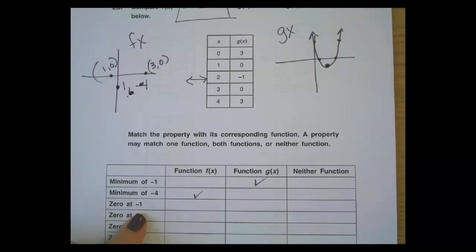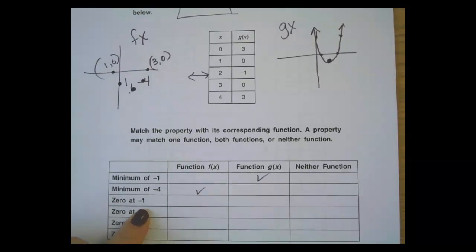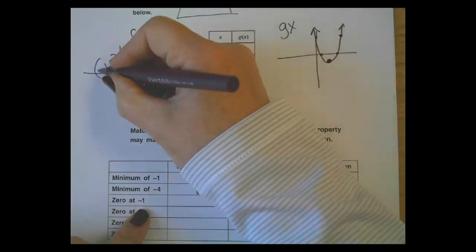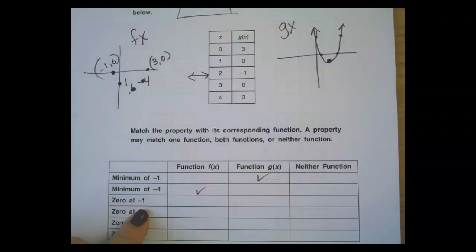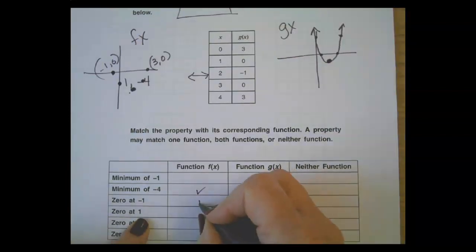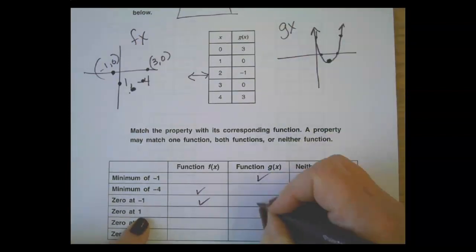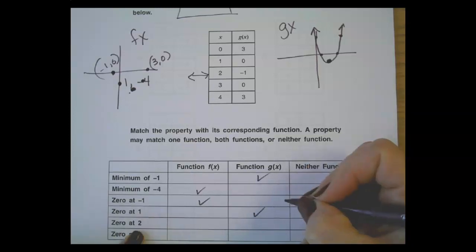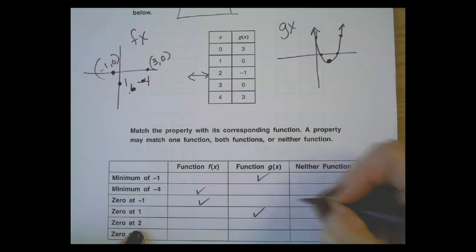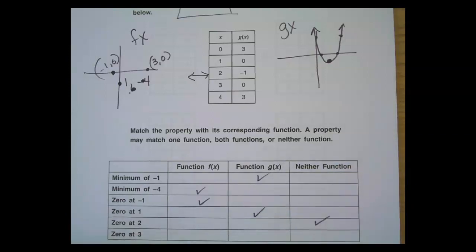Which one has a 0 at -1? Now, what you need to understand about these zeros, it's where it crosses the x-axis. So at -1, we know it is this point right here, so that's f of x. 0 at 1 was g of x. 0 at 2, did either one of them have a 0 at 2? Neither one of them did. 0 at 3, that would be g of x.